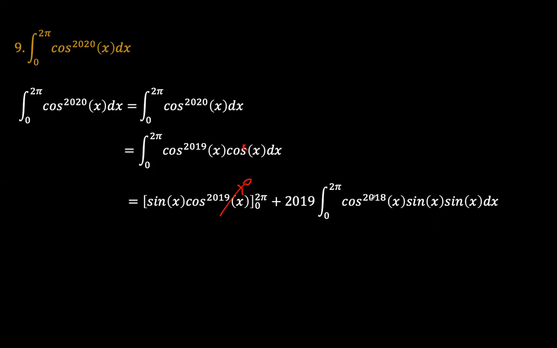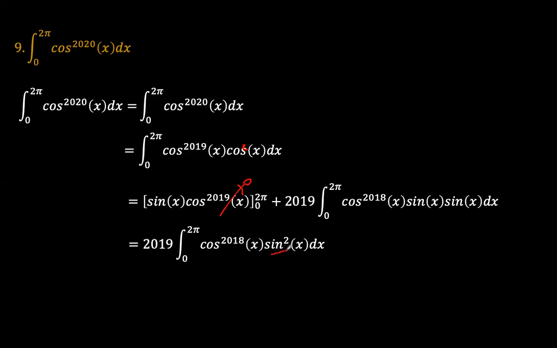The negative signs cancel out, and so we're left with 2019 times the integral from 0 to 2 pi of cosine to the power 2018 x times sine x times sine x, which is cosine to the power 2018 x sine squared x.